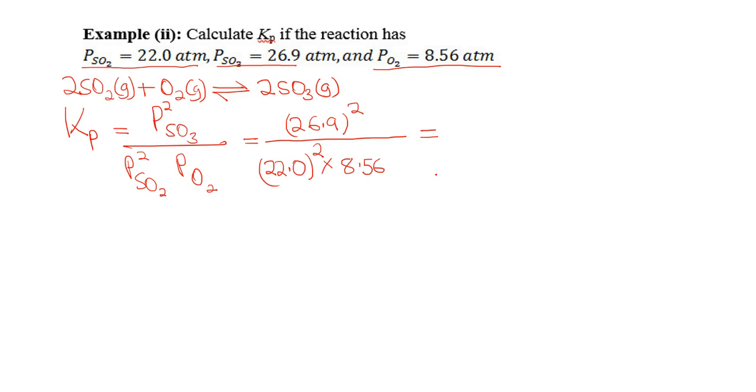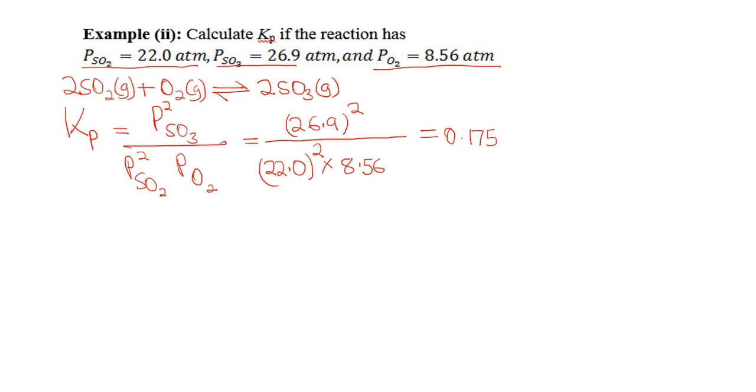So calculating this, we get 0.175. So that is our Kp for this chemical reaction.